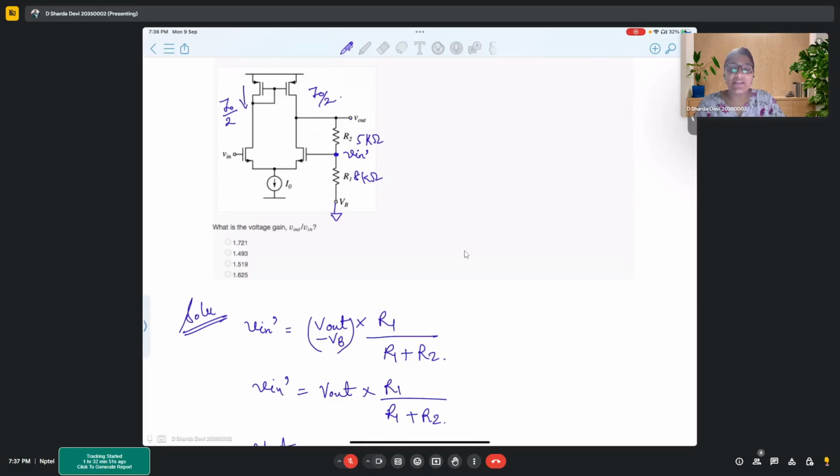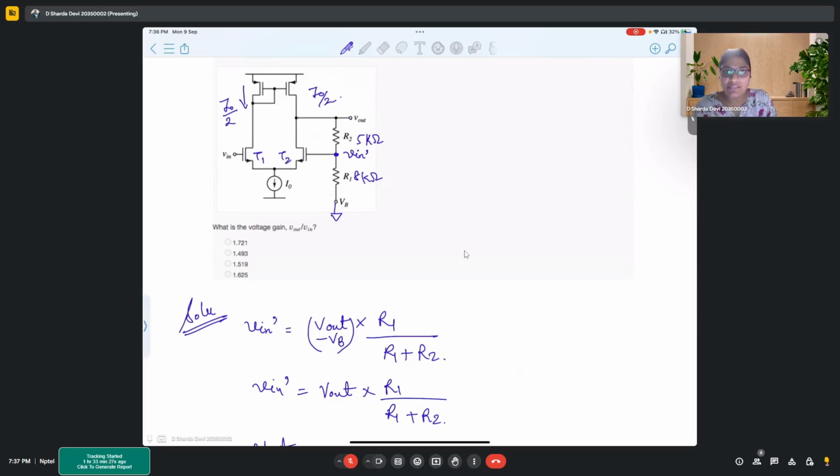Do you understand feedback? Feedback means when something from the output is again given into the input. So in this circuit, if you observe very carefully, it's a resistor divider across V out, which has been connected to V in dash, such that some part of V out will be provided to V in dash. You have two transistors, T1 and T2.